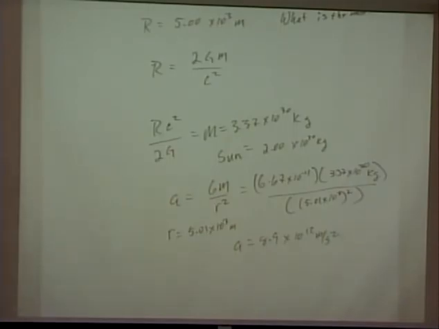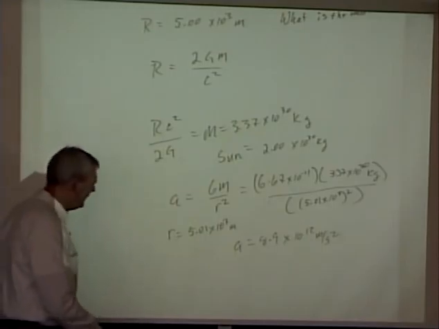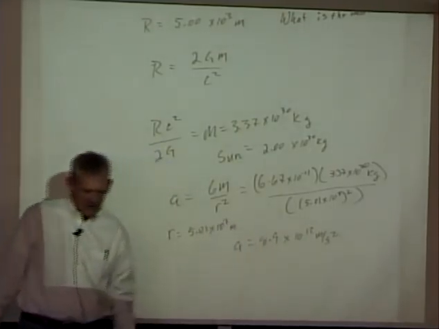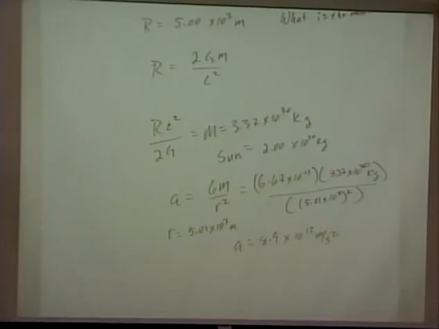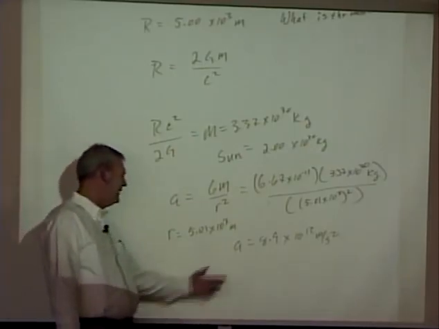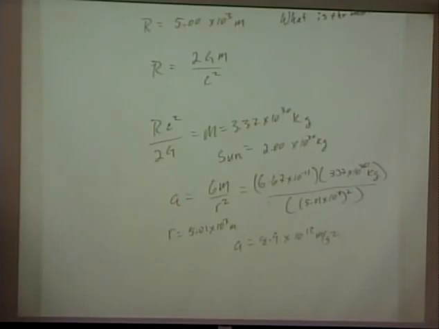Let's say you're a rather large male, so you're 100 kilograms or something like that. Multiply this by 100, and your weight would be about 9 times 10 to the 14th newtons, which is pretty heavy. All right, so that's how you do that.